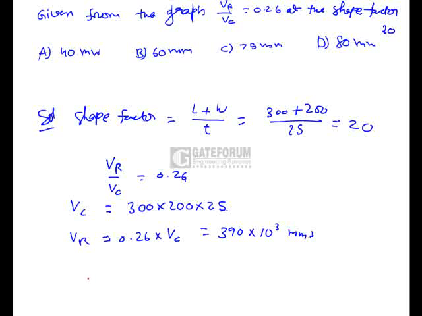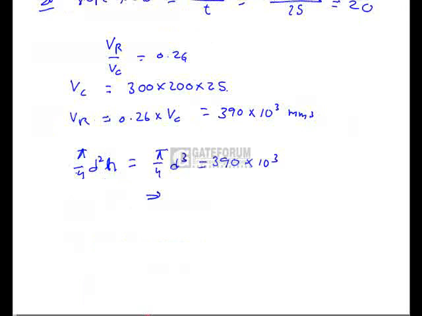But here volume of the riser is equal to 5 by 4 d square h, and in the given condition take d by h is equal to 1, so it is equal to 5 by 4 d cube, which is equal to 390 into 10 cube, and from this equation we can have d, that is nearly equal to 80 mm.